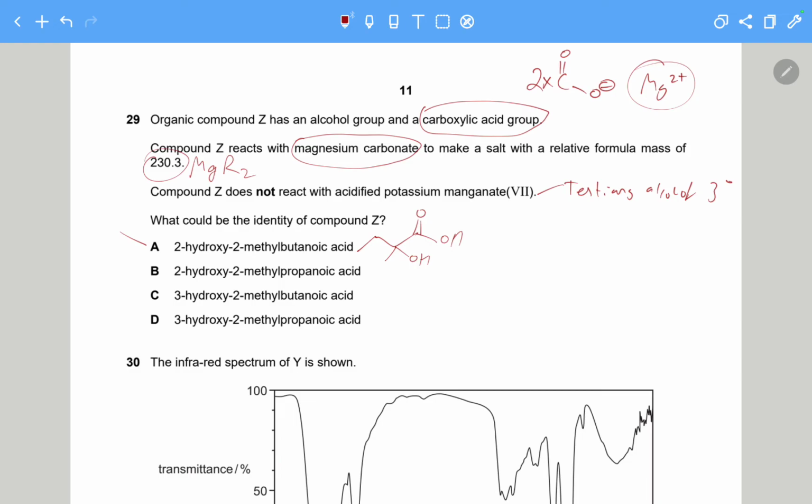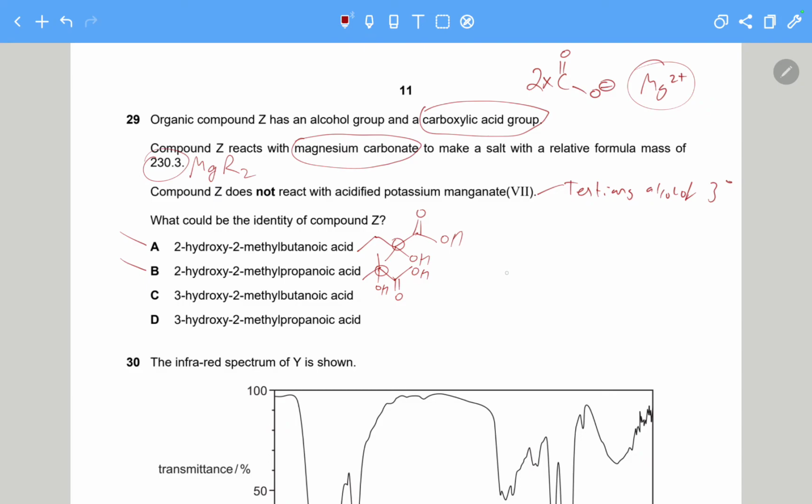And then B is 2-hydroxy-2-methylpropanoic acid, (CH3) whole twice, C, OH and CO2H. Again, this is a tertiary alcohol, so this is also correct. I mean it can be correct.